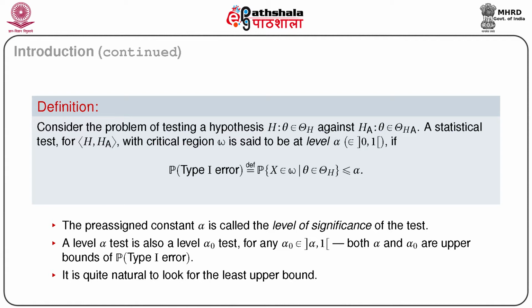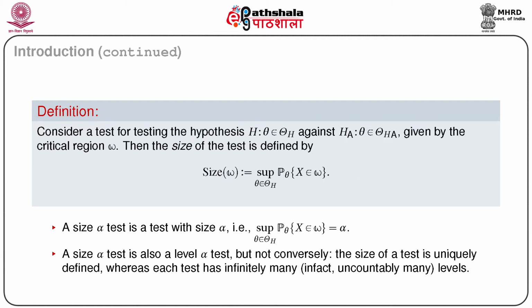Here alpha and alpha naught are the upper bounds of the set of the probability of type 1 errors. It is quite natural to look for the least upper bound of the set of all probability of type 1 errors. This is called the size of the test. Now we define the size of a test.